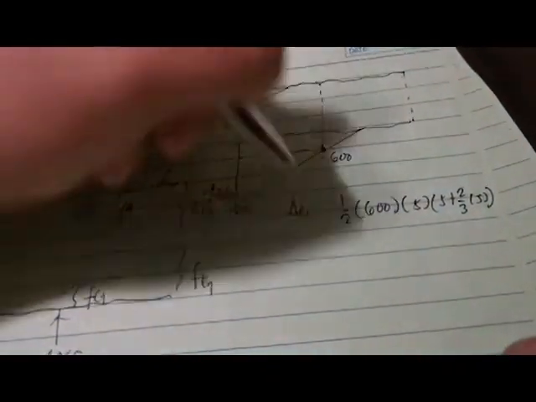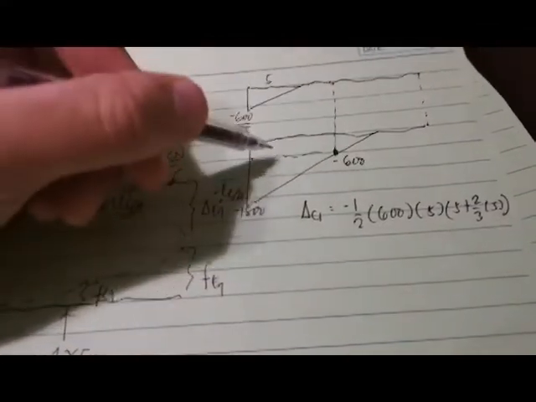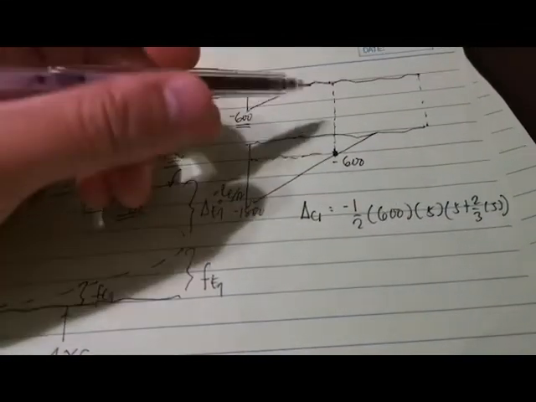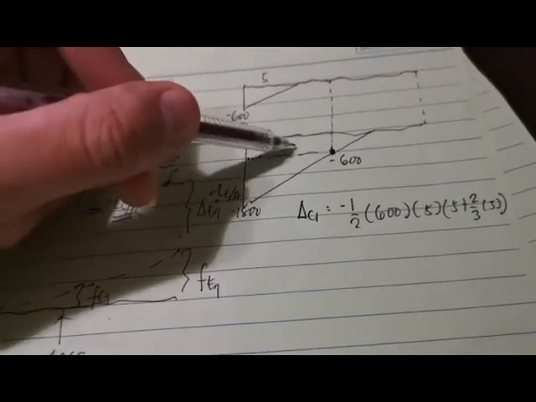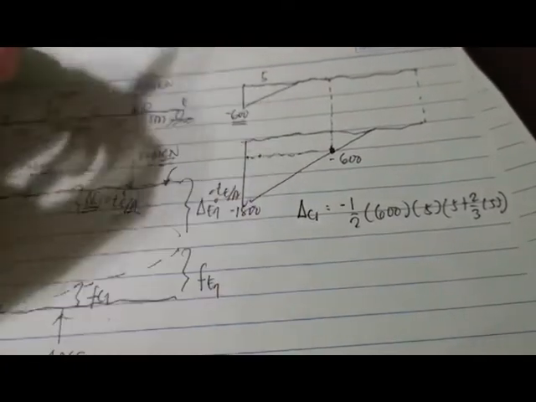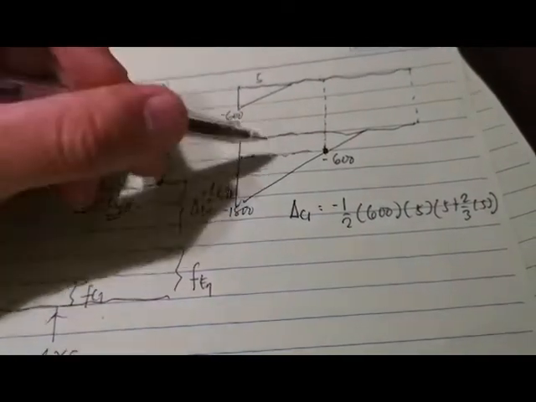And then minus, let me remind you that this is a trapezoid, so I can either determine the centroid of the trapezoid or just separate it into a rectangle and a triangle. So I'm going to choose the latter.